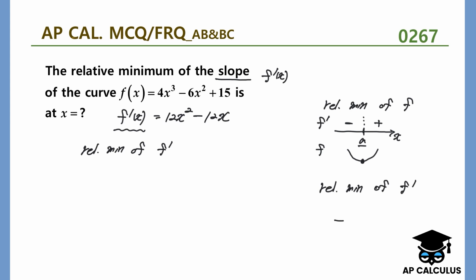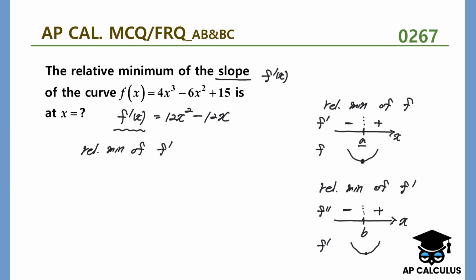Then what we have to do is find the x value where f double prime, the second derivative, is equal to 0. Let's say this value is b. Then we test f double prime. Let's say if this is minus plus here, then we know that f prime decreases here, increases here, right?